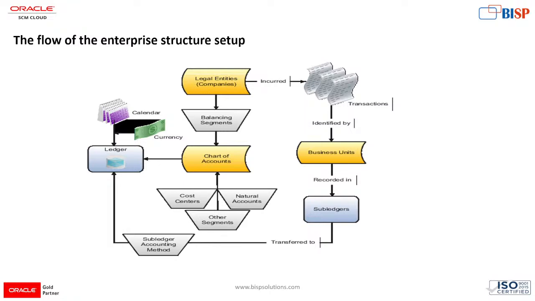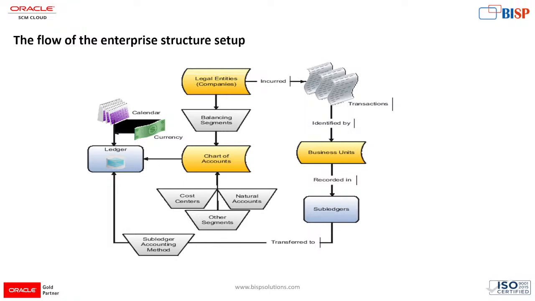So the ledger maintains a record and is a required component in your configuration. The rapid implementation process creates a primary ledger combining the chart of accounts, calendar and currency, as well as other required options defined in the rapid implementation workbook, assigning the standard accrual subledger accounting method to your primary ledger. The subledger accounting method is used to group your subledger journal entry rule sets together to define consistent accounting treatment.